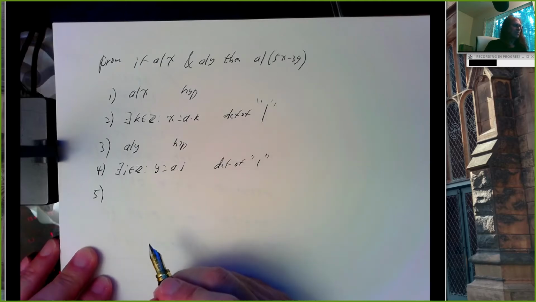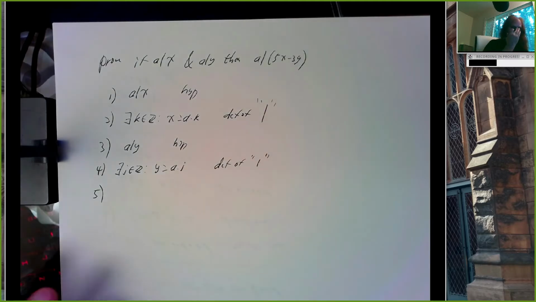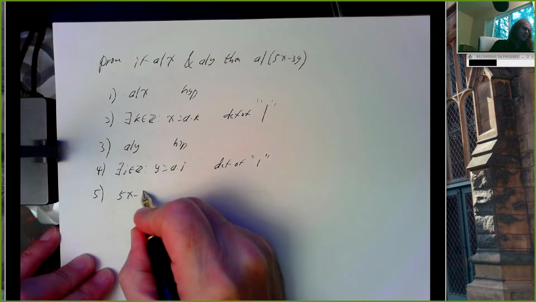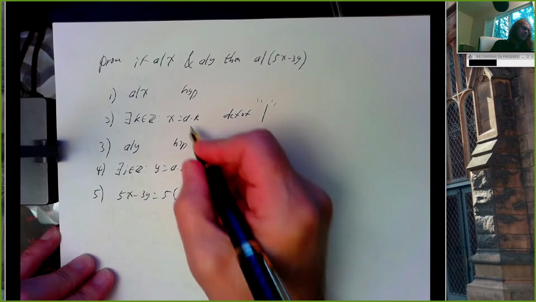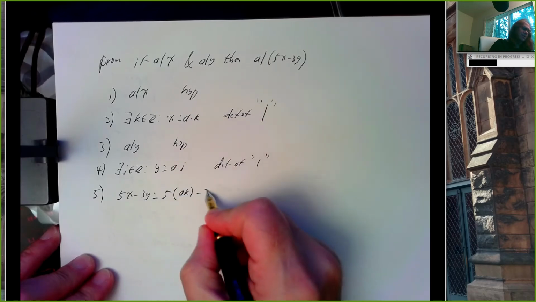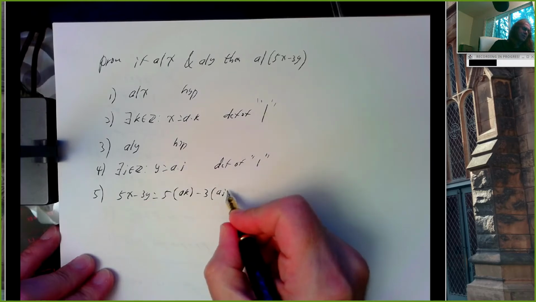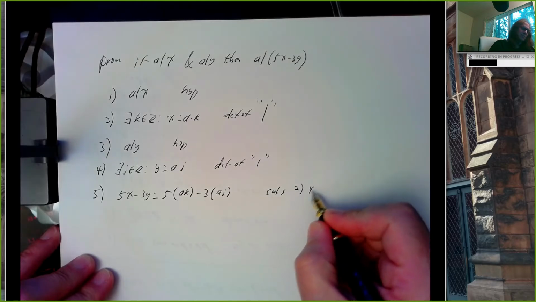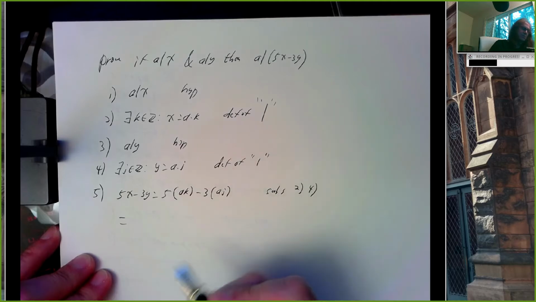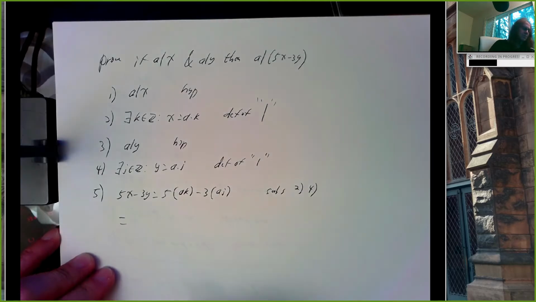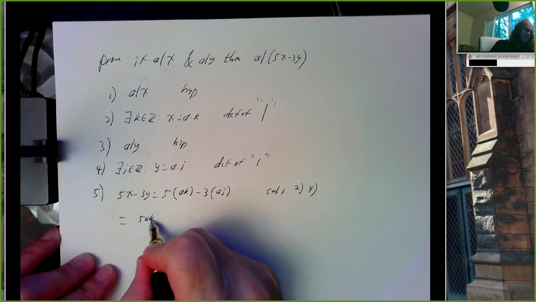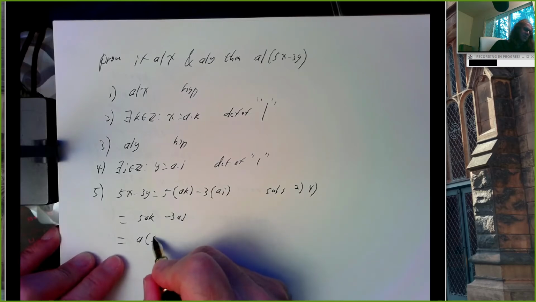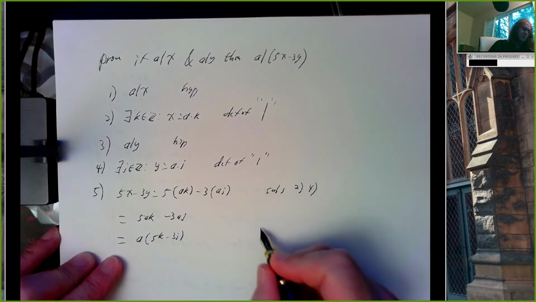And now I'm going to do something that I'm totally allowed to do, even if there's no motivation for it. I'm just going to do some substitution and say 5x minus 3y equals 5 times, and for x, I'll do ak, and for y, I'll do a times j, and that's substitution of 2 and 4. And this is equal to, and I'll just multiply it out, 5ak minus 3aj, and then I'll factor out an a, which is a times (5k minus 3j), and that's algebra.